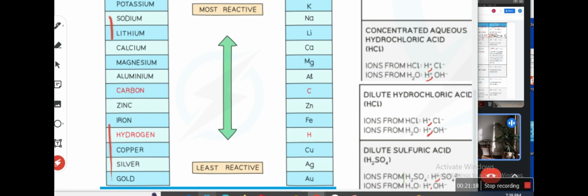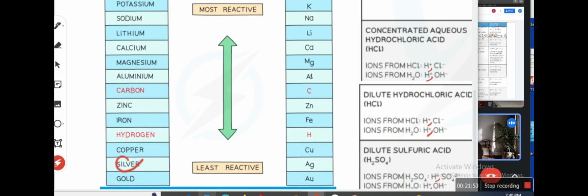This reactivity series is important in helping us to understand elements higher than hydrogen and some others lower than hydrogen. For instance, iron is more reactive than hydrogen, but copper is less reactive than hydrogen. Which one is the most reactive one in this list? Potassium.